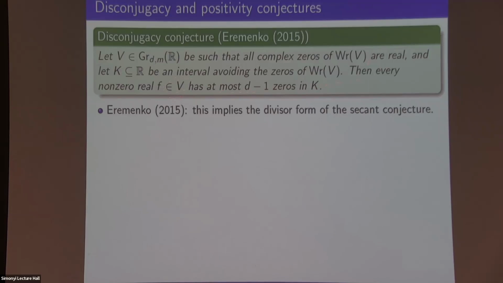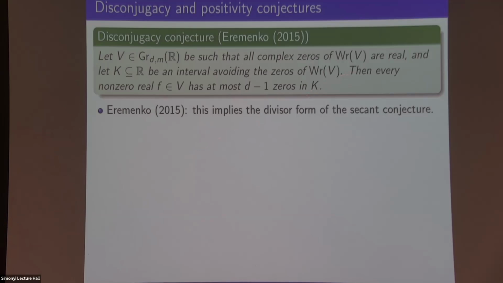The idea here is that by linear algebra, this interpolation idea, if I choose d minus 1 points in K, there will exist some f with zeros at those points, but I can't have any more zeros in K than those d minus 1.